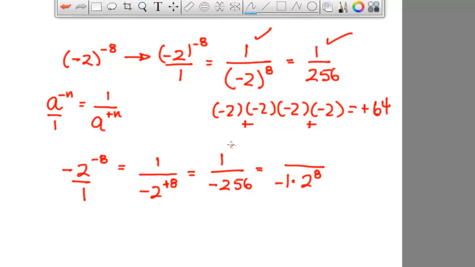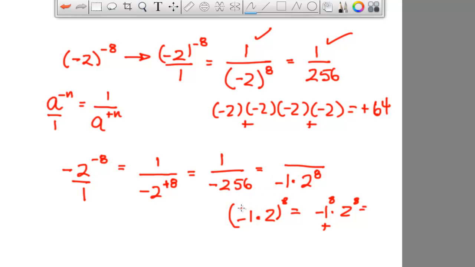This one up here, where you have (-2) raised to the 8th power, you have a -1 times itself 8 times, which will make it positive, and the 2 to the 8th power will make the 256. So that's the difference. So the reason why your first answer is positive and your second answer is negative is because that power on the 2 does not operate on the -1.